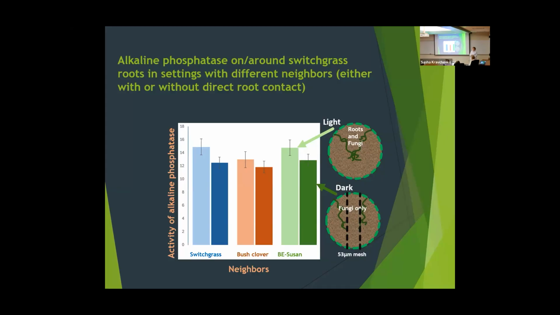Yeah, that's a very good point. So most likely, the presence or absence of this barrier somehow affected what plants do as far as their phosphorus acquisition, and that made it necessary for them to get more of that alkaline phosphatase out.